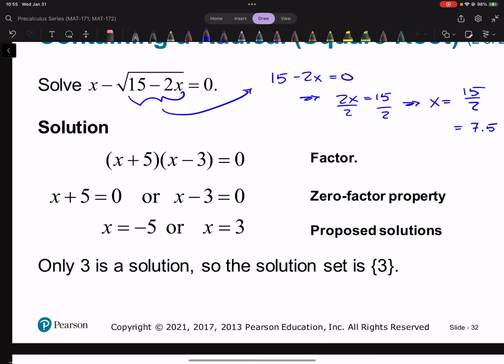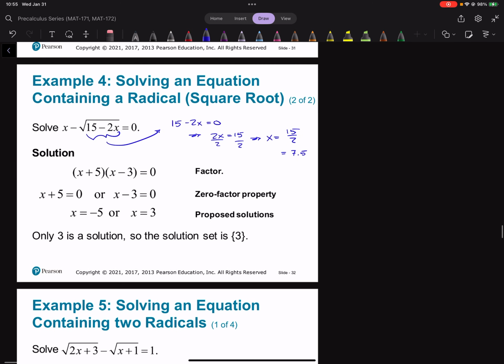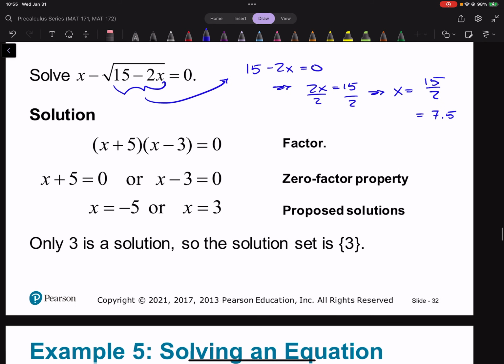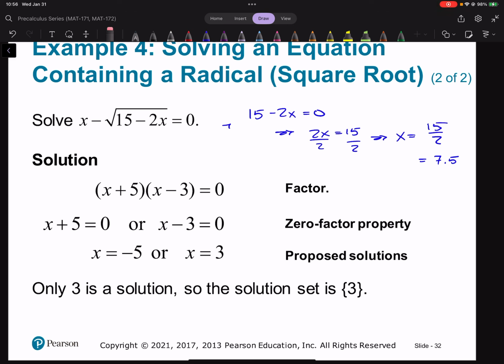Wait, hold up real quickly. Let me look. I'll plug in -5. Oh, actually, I see what's going on. So we need to get a true statement. That's what's wrong here. I'm actually going off on a tangent here. We'll talk about the square root here another time.